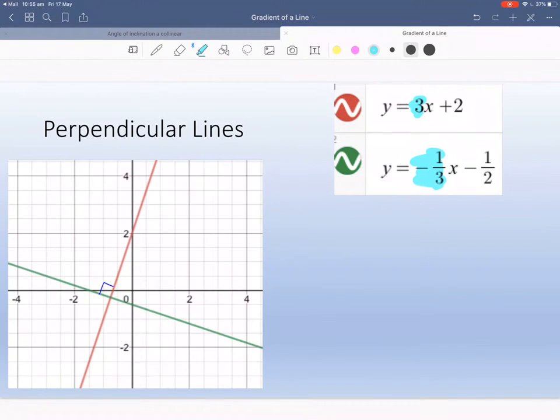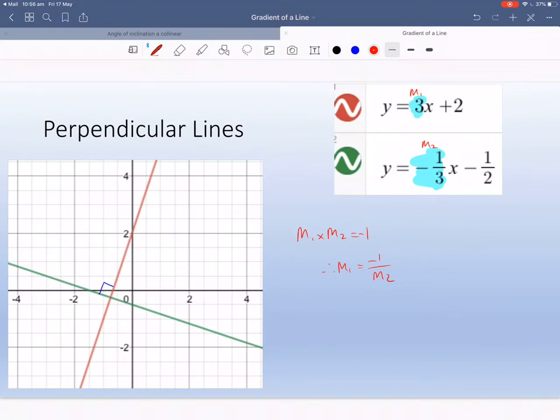Let's say that's m1, and that's m2. m1 times m2 equals negative 1. Therefore, m1 is equal to negative 1 over m2.